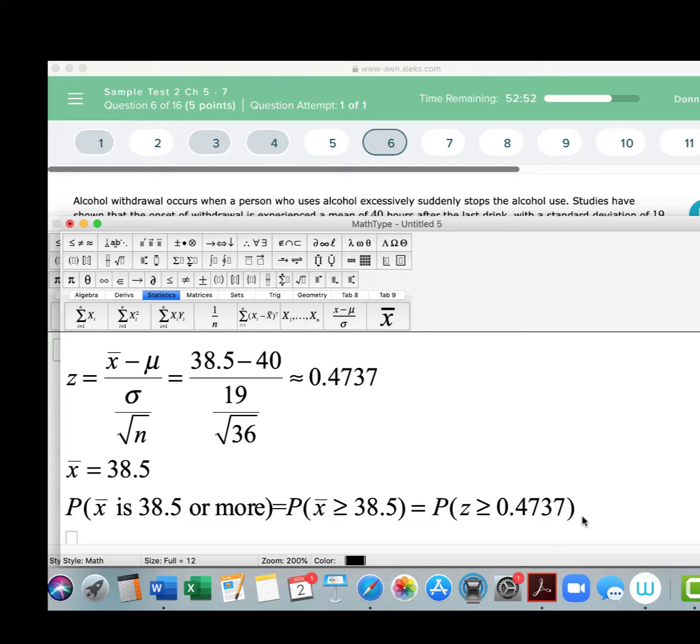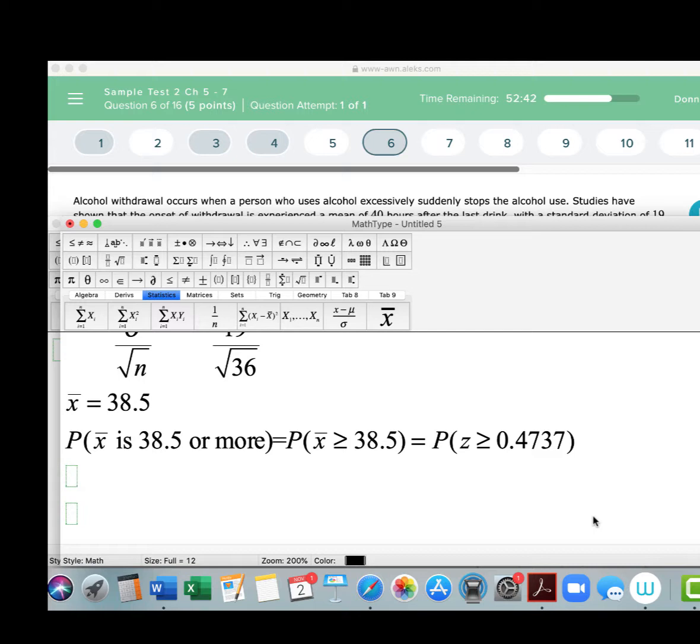We'll go out to the ALEKS calculator to do that, and when we do, we'll notice the inequality symbol is reversed. It's less than or equal to. So anytime that inequality symbol is reversed, we have to use the complement. So it's going to be 1 minus the probability, not z greater than or equal to 0.4737, but less than or equal to. So let's change that symbol to less than or equal to.